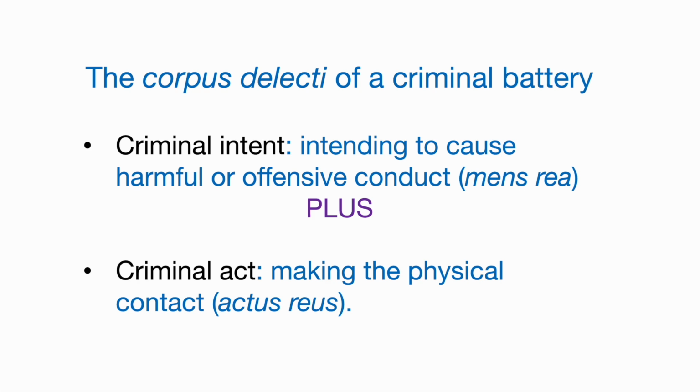You must have both criminal intent, mens rea, and criminal act, actus reus, to have a completed crime, or corpus delecti. So the criminal intent was intending to cause harmful or offensive conduct, mens rea, plus the criminal act making the physical contact, actus reus.